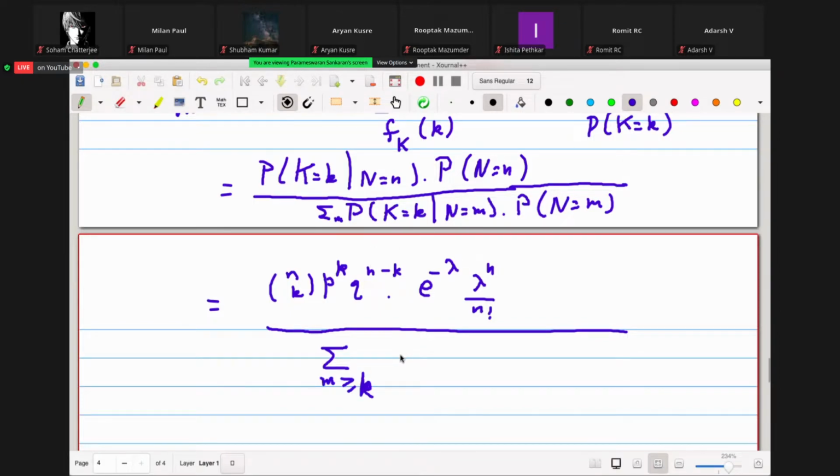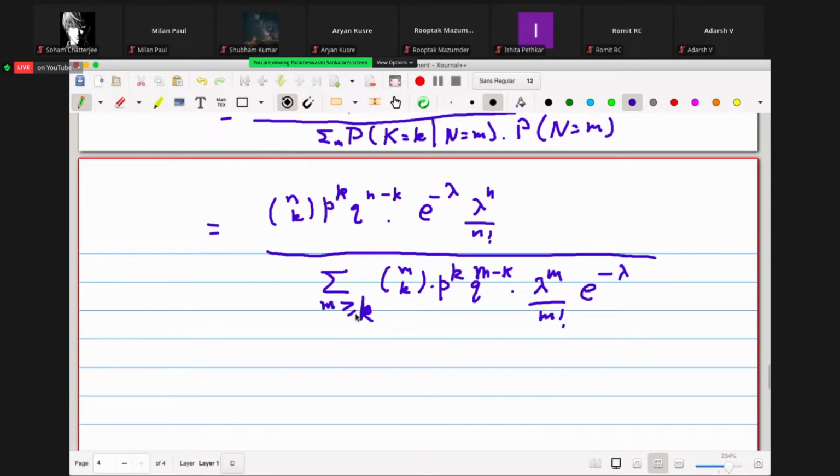The probability is easy to write again: m choose k, p power k, q power m minus k, times, what do I have? This is lambda power m by m factorial, e power minus lambda. The sum is over m.